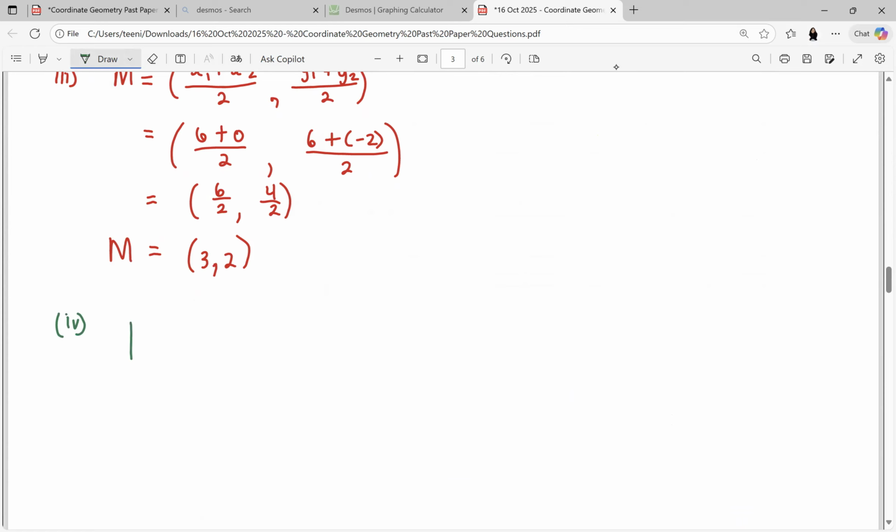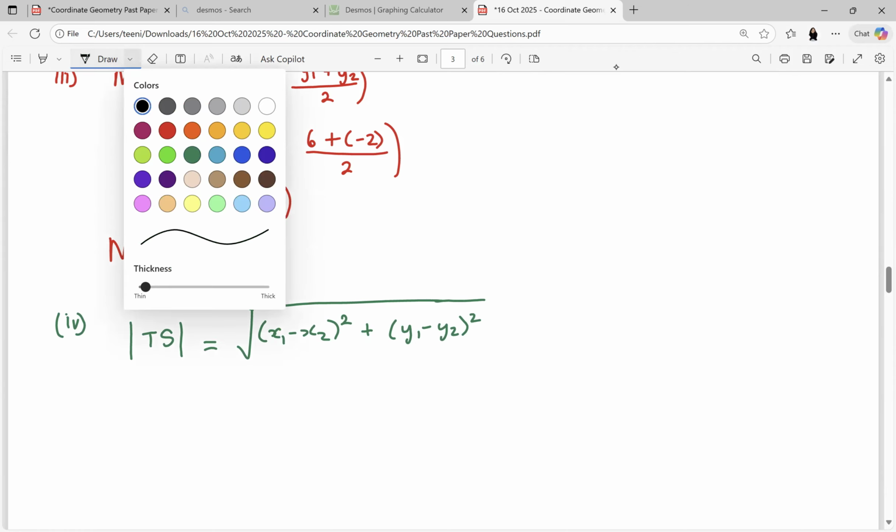All right, so the length of the line segment TS, and you could write it like this, is equal to the square root of x1 minus x2 or x2 minus x1, however you want to say it, squared, plus y1 minus y2 squared.